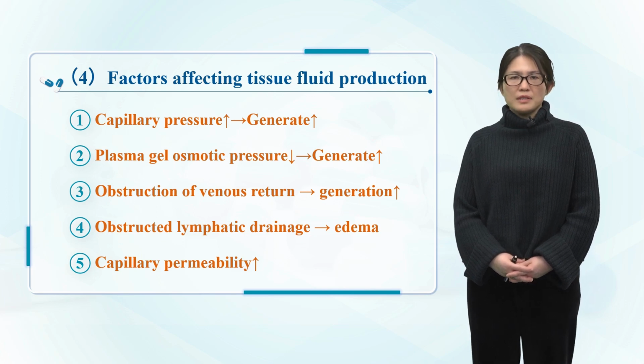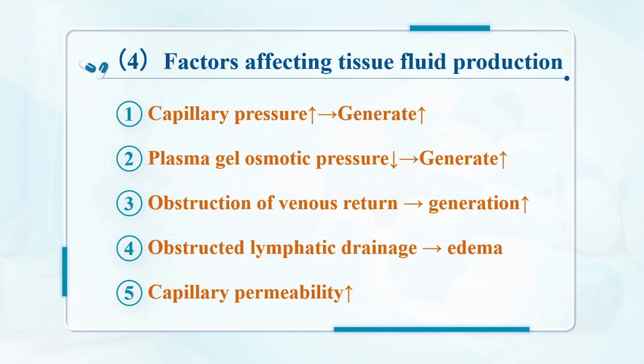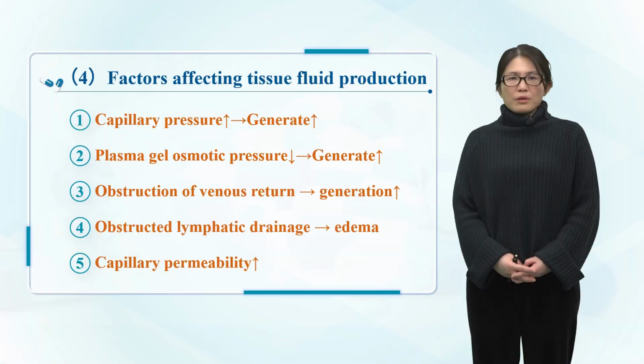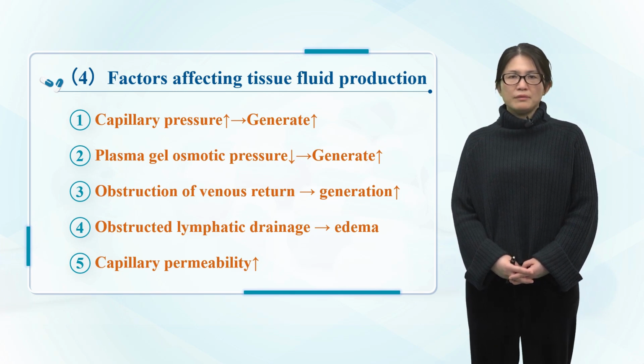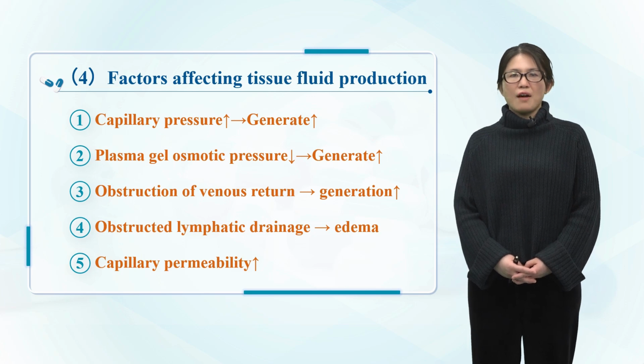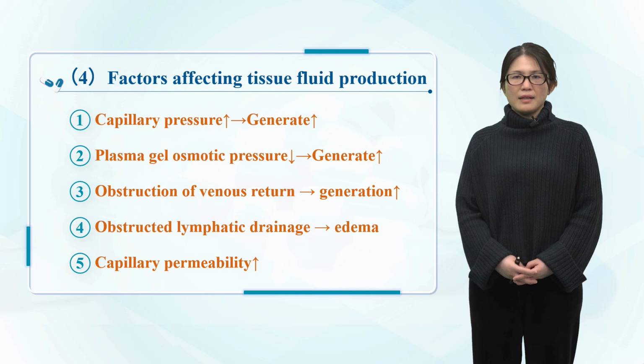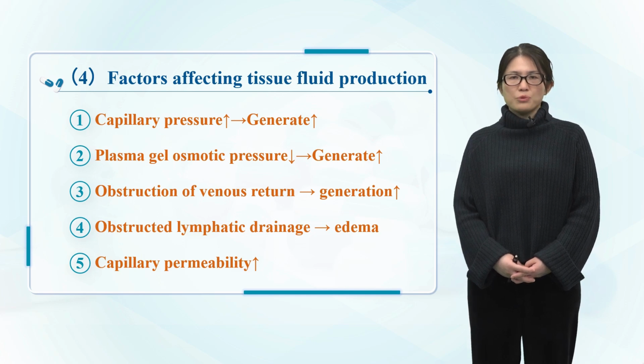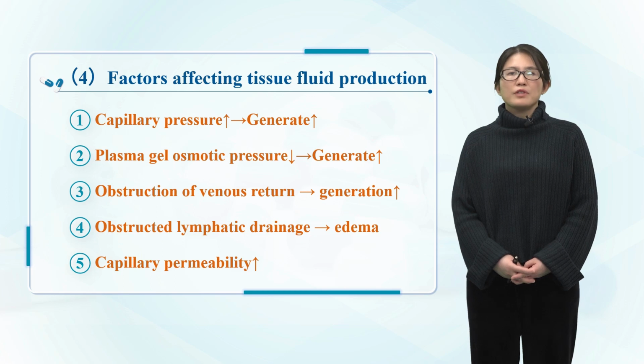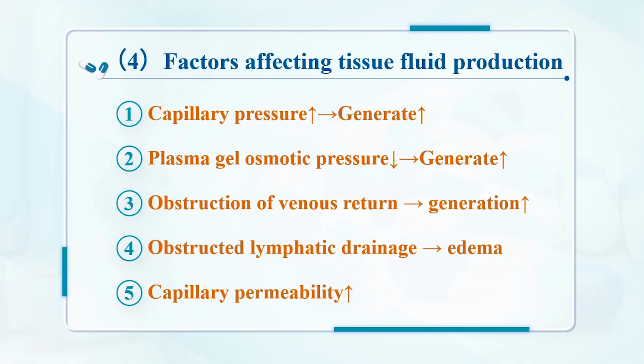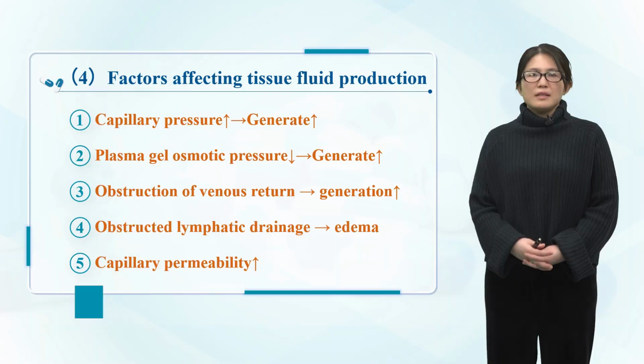Under normal circumstances, the capillary wall is almost impermeable to proteins, so the normal effective colloidal osmotic pressure can be maintained. About 10% of the liquid filtered from the capillary needs to flow back through the lymphatic system. Whether the lymphatic system is unblocked can directly affect tissue fluid backflow. That's all for this lesson.